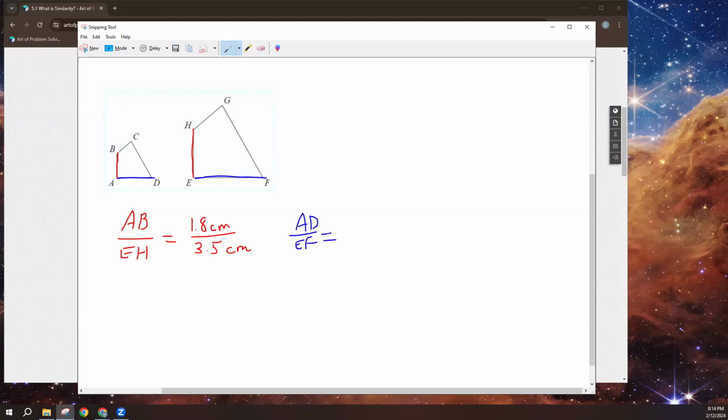This is going to be about 2.5 centimeters and 5 centimeters. So I'm going to put 2.5 centimeters here and 5 centimeters there. Now, the textbook asks you a question here.